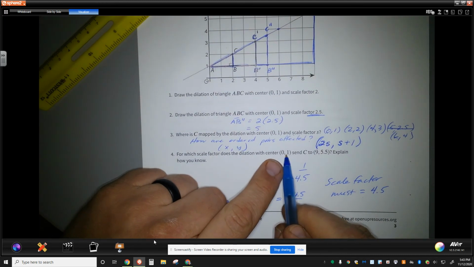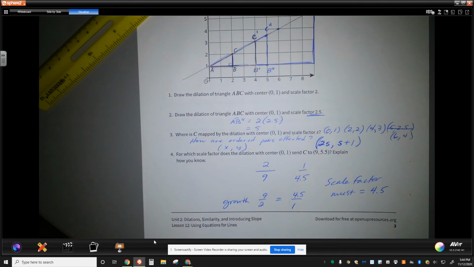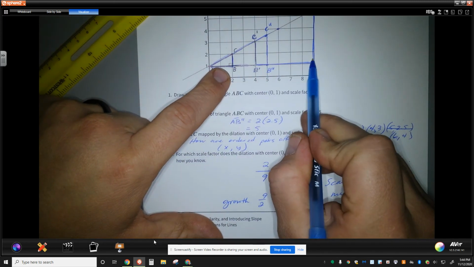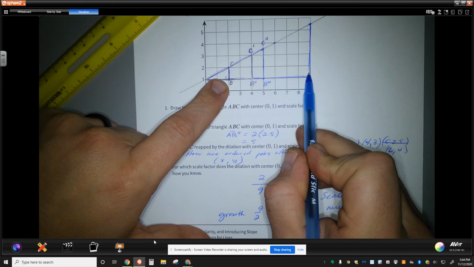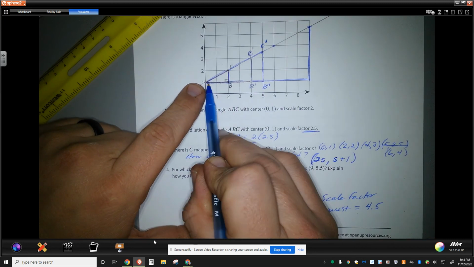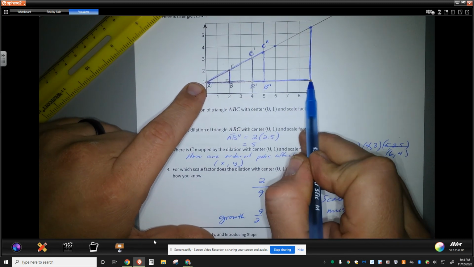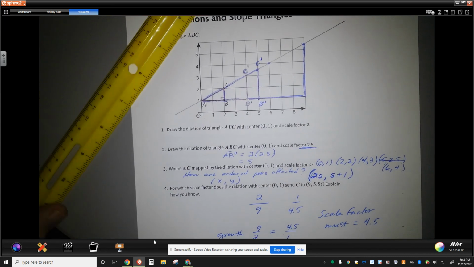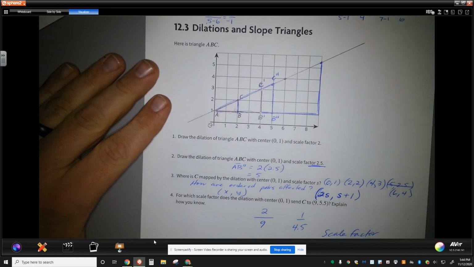The change that we experience right here is going to take us from 1 unit to 4.5 units. That's 1 times 4.5 is 4.5, and 2 times 4.5 is 9. We are proportionally larger where we should be, and we are proportionally working those values.